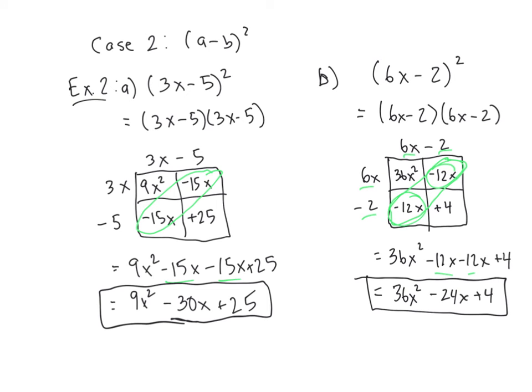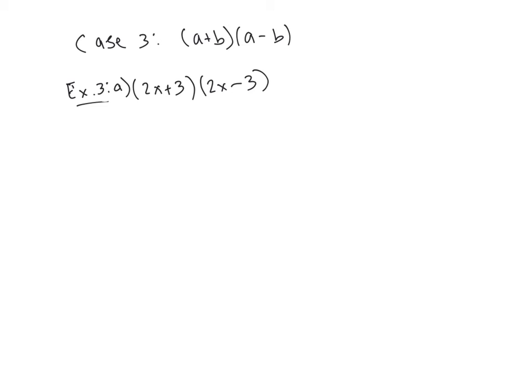All right, let's try case 3 here. Taking a look at case 3, I have an (a + b) times an (a - b) type of situation. So instead of squaring it, I'm going to use the same numbers, but just have opposite signs. So in this case, 2x and 3 are my terms on both of those binomials, but one of them is 2x plus 3 and one of them is 2x minus 3.